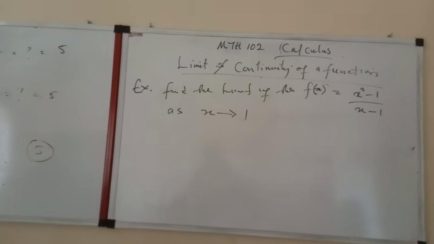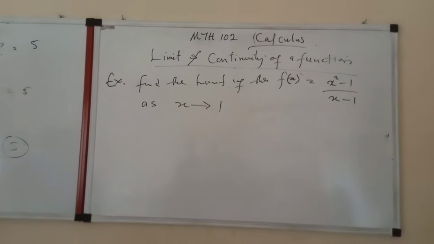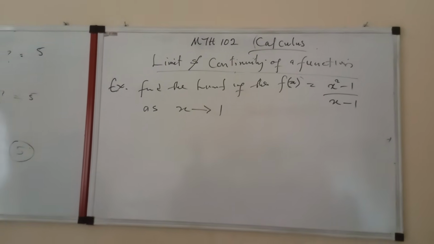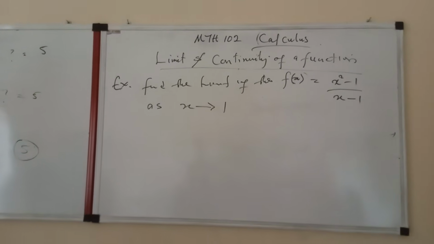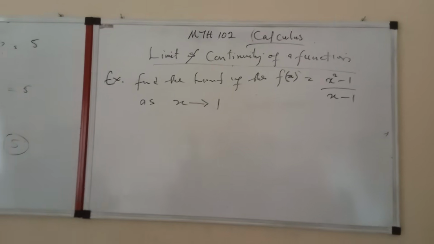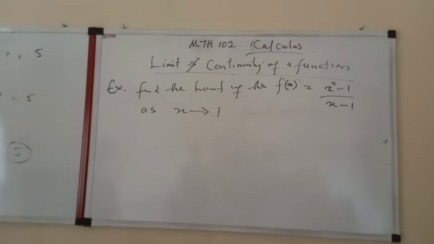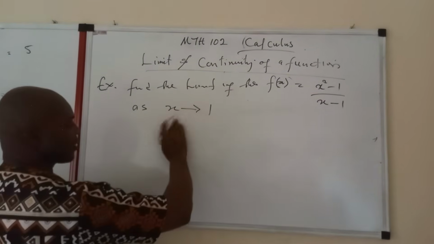And there are some that you don't just dive into by substituting the value, but rather you go through some mathematical workings by simplifying it. Once you simplify it, you see that the answer comes out straight away. However, in this case, we are considering both the left-hand side and the right-hand side.